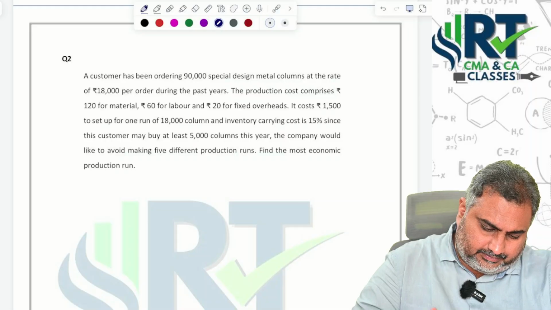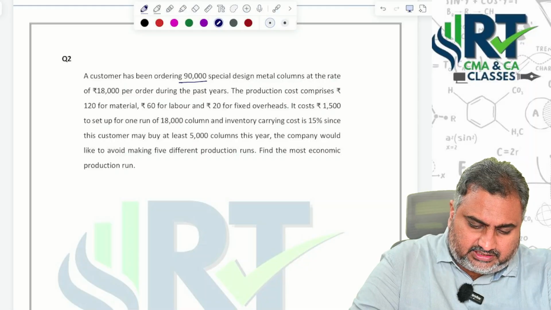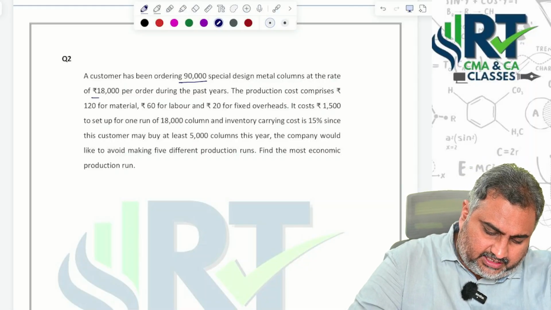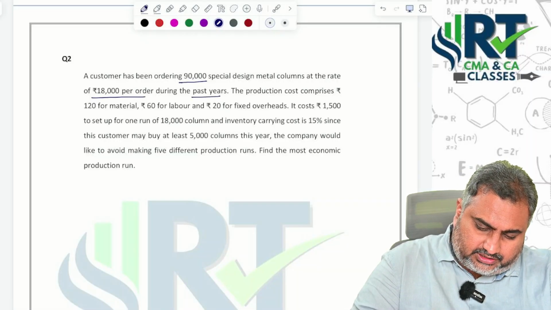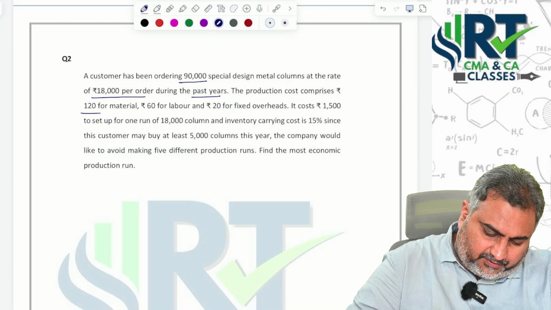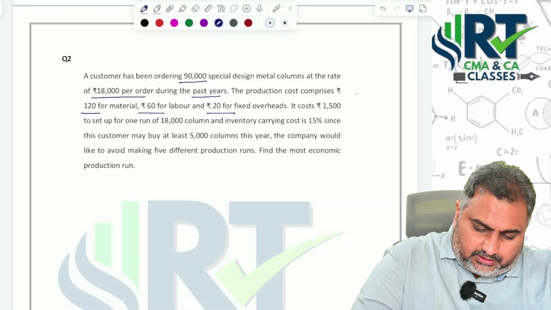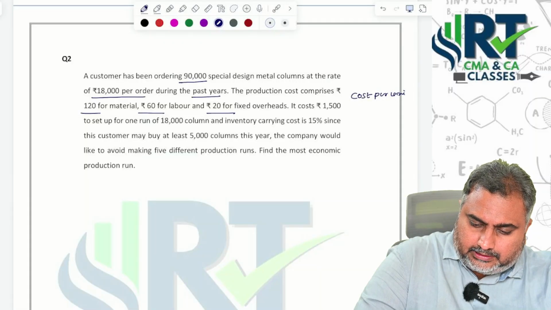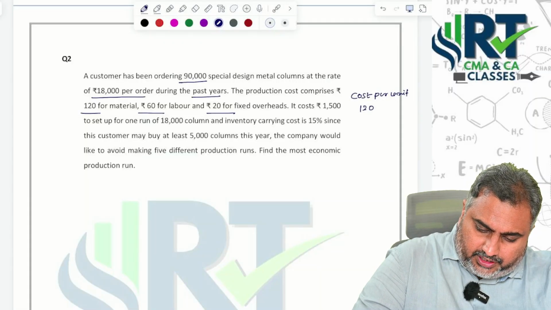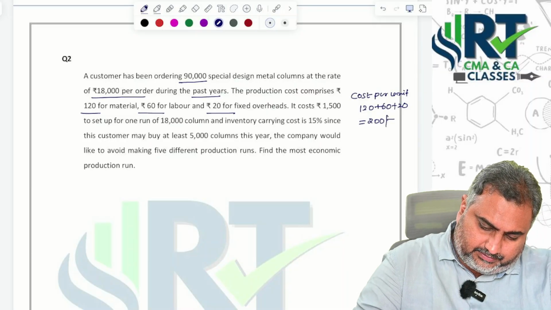Next, a customer has been ordering 90,000 special design metal columns at the rate 18,000 per order during the past years. The production cost comprises 120 for material, 60 for labor, 20 for fixed overheads. Totally cost per unit how much, Nana? 120 plus 60 plus 20, that is equal to 200 rupees.